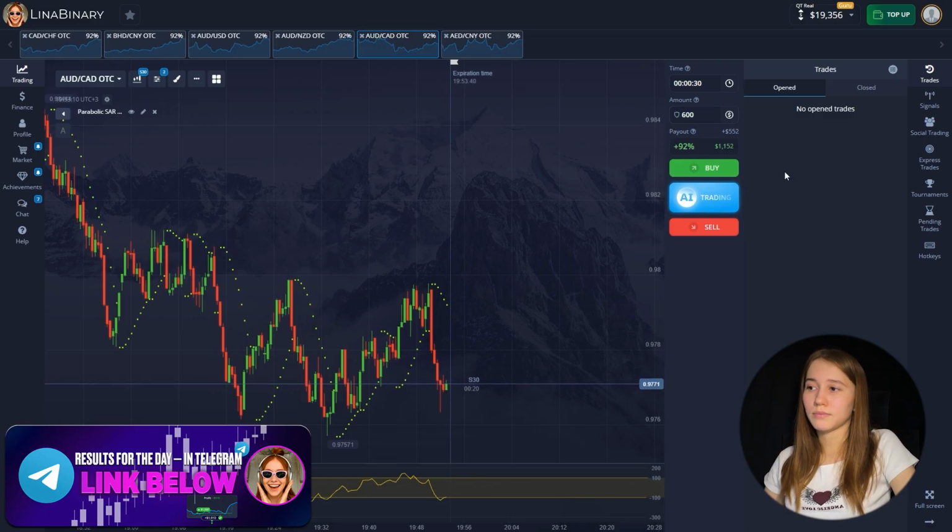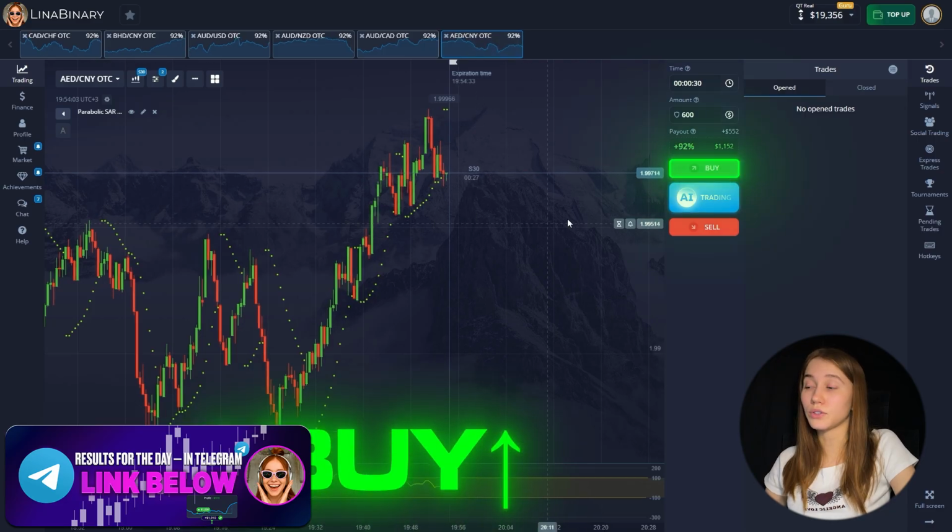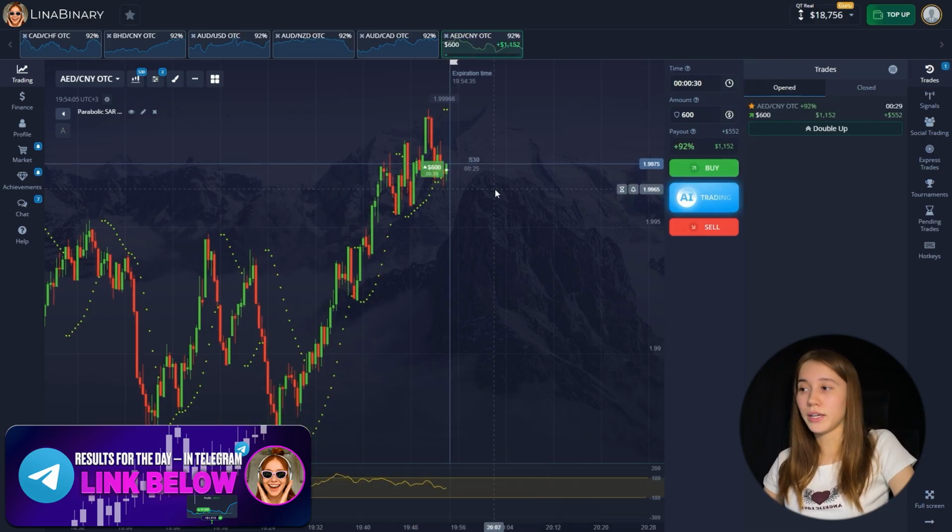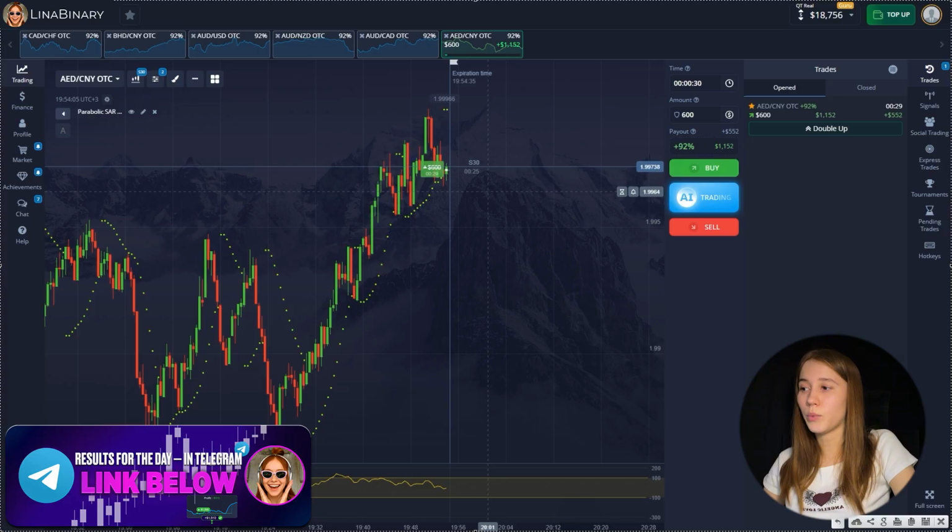You can copy my deals and trade with it, and meanwhile we increase the amount to $600 and we go on an up deal. We have an upward trend by parabolic. We see that there are 2 points in the upper position. We have highlighted a certain area of support.